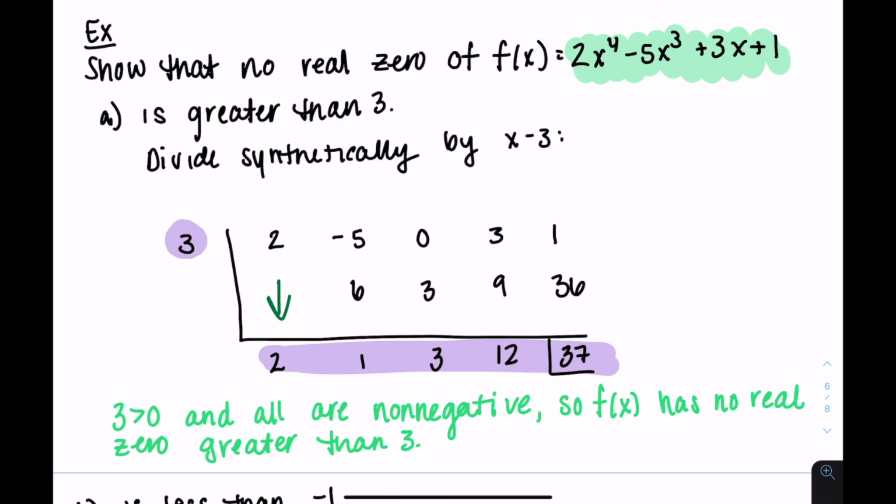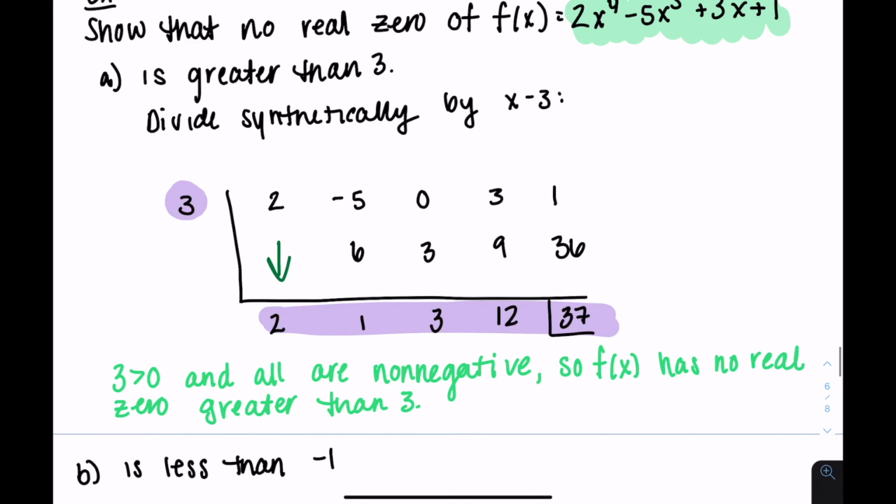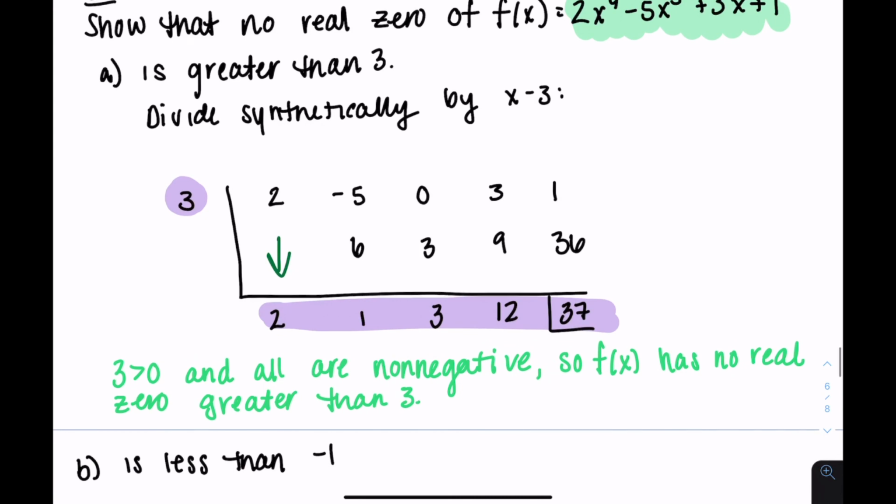So what that tells us is there is no real 0 of this function that is greater than 3. So you've got all those options for your rational zeros. You can have irrational ones as well, but you know none of them are going to occur bigger than 3. 4 is not a possibility. 5, 5.222, not a possibility. So it gives us a little bit of narrowing down again.